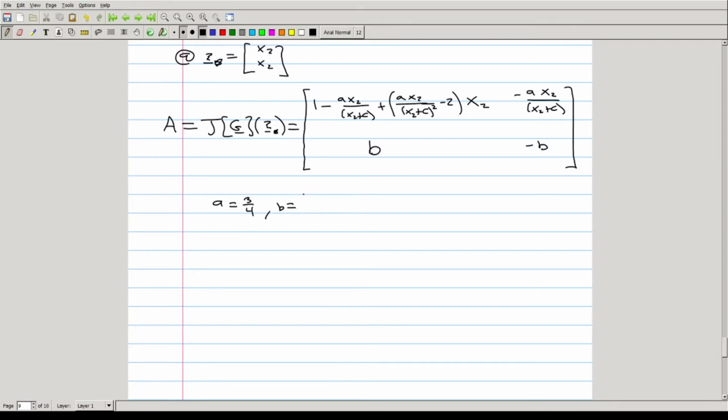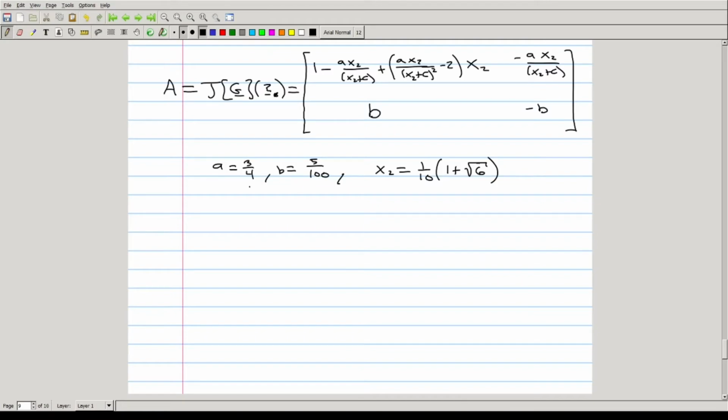So suppose a equals 3/4 and b equals 5 over 100. In which case x2 will be 1 over 10 times 1 plus the square root of 6, and our A is just the matrix a11, b, a12, negative b.